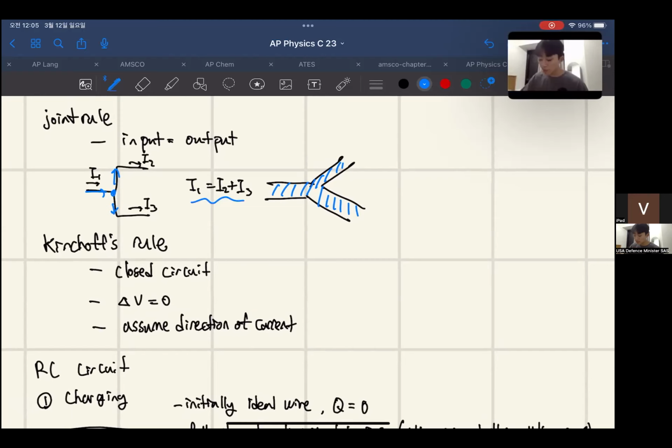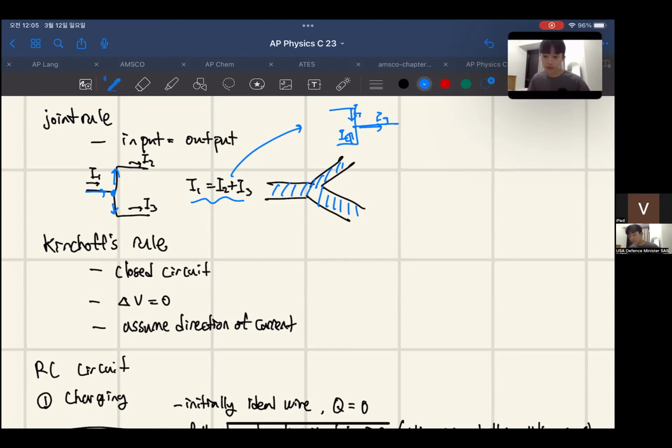Of course, this equation might change if the junction looks different. If the junction looks like this, if currents are moving in from two branches and moving out of only one branch of the junction, then I1 plus I2 would be equal to I3, not I1 equals I2 plus I3.